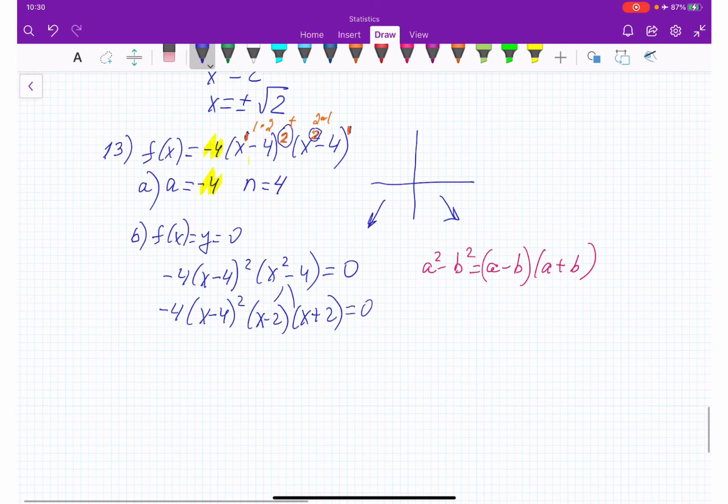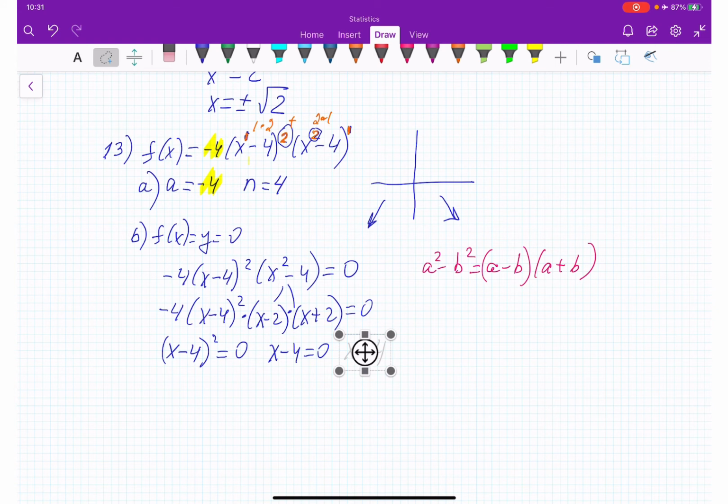Okay, so from here we have three parentheses, which means first case x minus 4 squared equals 0. So from here x minus 4 is equal 0 and x is equal positive 4. So this is going to be our first intercept.